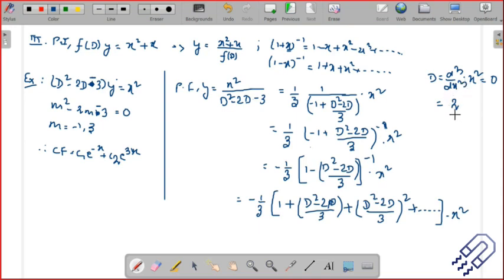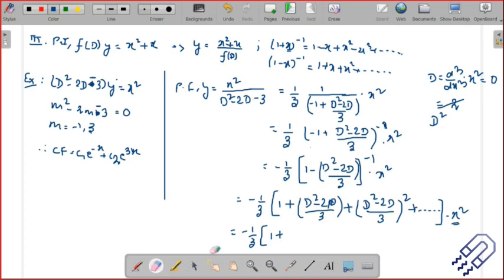So this expansion is only relevant up to the second order, because you can differentiate x square only two times, not a third time. So when I open up the bracket, I just consider up to the d square term and write it as minus 1 by 3, then 1 plus, there is a d square there no doubt, but before that we also have 2d divided by 3.